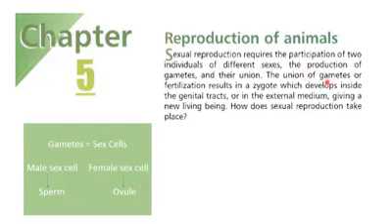The union of gametes or fertilization results in a zygote. So after these gametes join together, after the sperm joins the ovule, we call it fertilization. The result will be a zygote. A zygote means a fertilized egg which will grow in order to become a living being. So it develops inside the genital tract, inside the female, or in the external medium, outside the body.